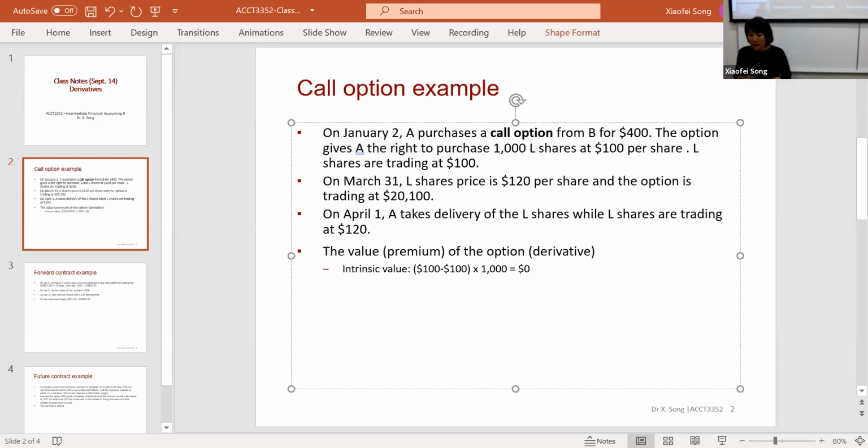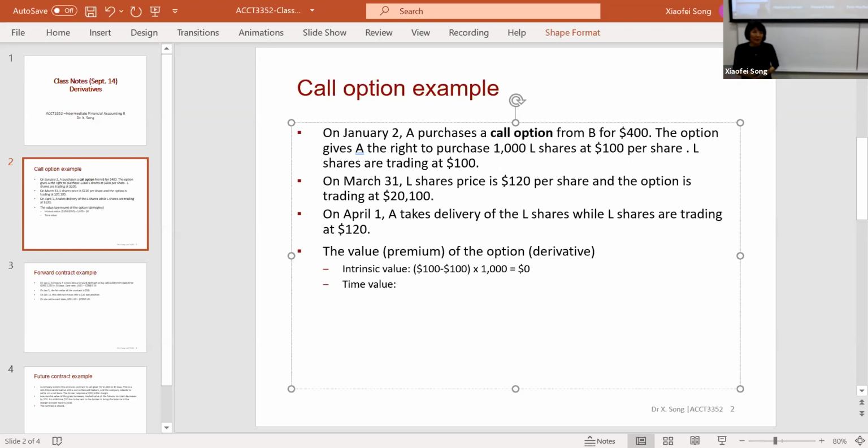Okay, that's quite common. But the second part is we know why people bother, because I can have the L shares at 100 price with the option later on as well, even if the price changed from that. Okay, so the difference between what you paid, the total value, and the intrinsic value is the time value.